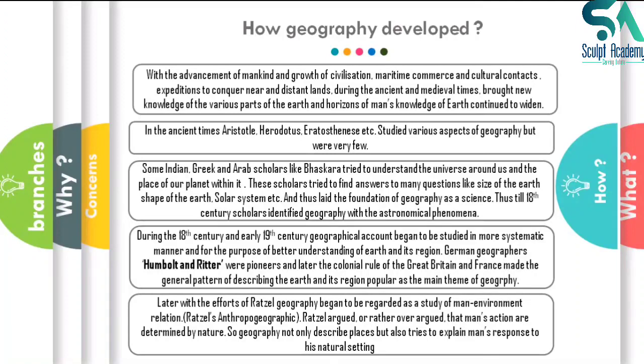Indirectly, he is saying that geography influences the culture and the living habits of humans, and hence, according to him, people living in different parts or different geographical conditions have different culture and different eating habits just because the geographical locations are different. So he added another attribute of geography, that is human geography.